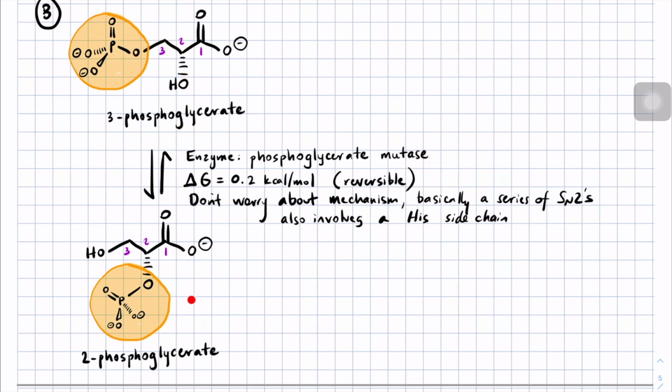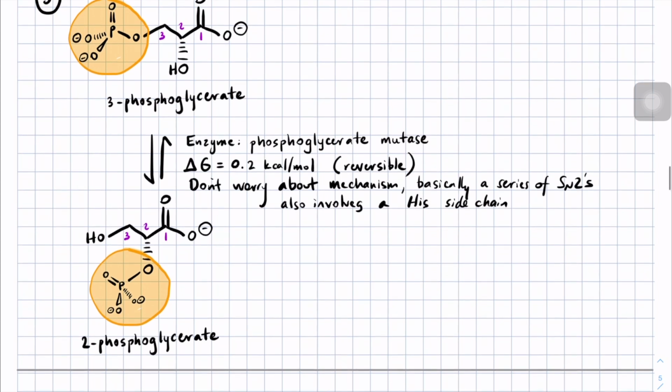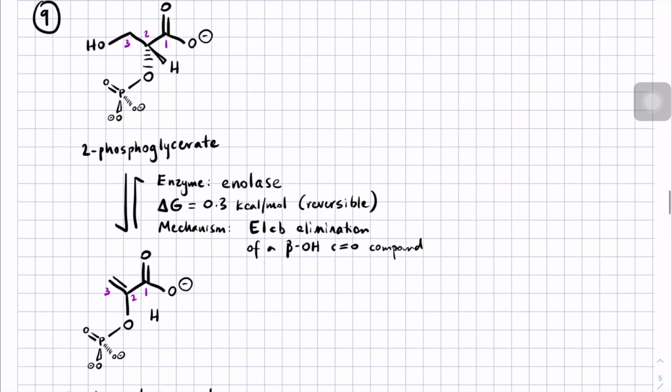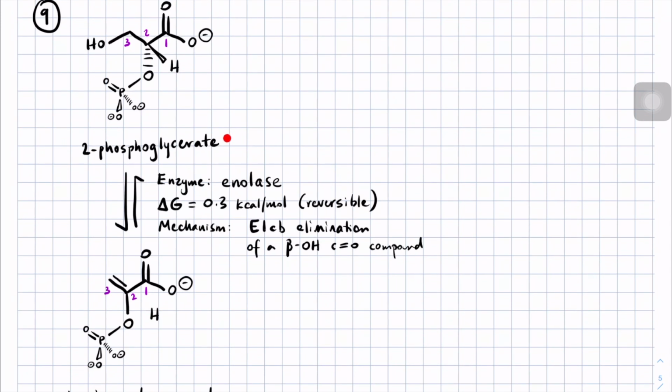So now we've got 2-phosphoglycerate. This is basically negligible change in free energy. The reaction's basically reversible. And we're getting close to the point where we'll be ready to generate our next equivalent of ATP. In the next step, here's 2-phosphoglycerate.